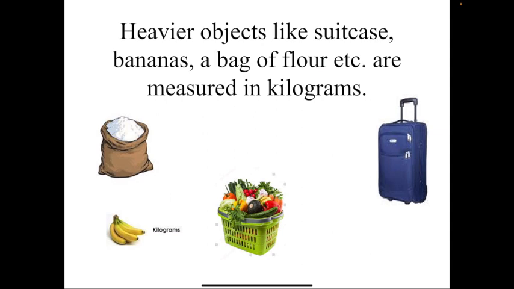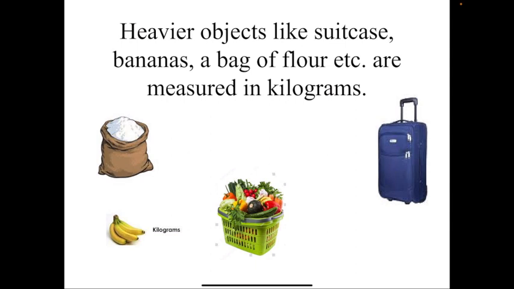Heavier objects like a suitcase, bananas, a bag of flour, etc. are measured in kilograms. It is a common sight when you go to the vegetable market with your mother, not nowadays, but earlier you must have gone to market with your parents.